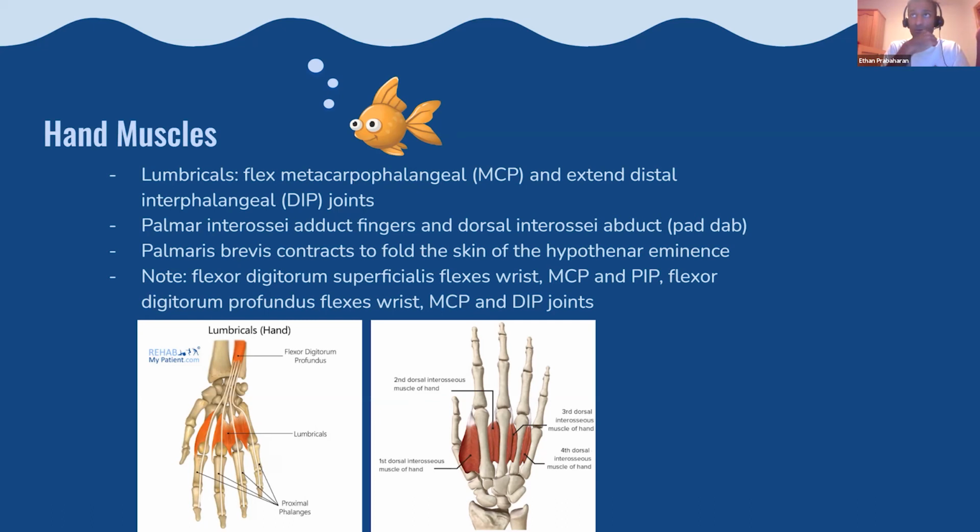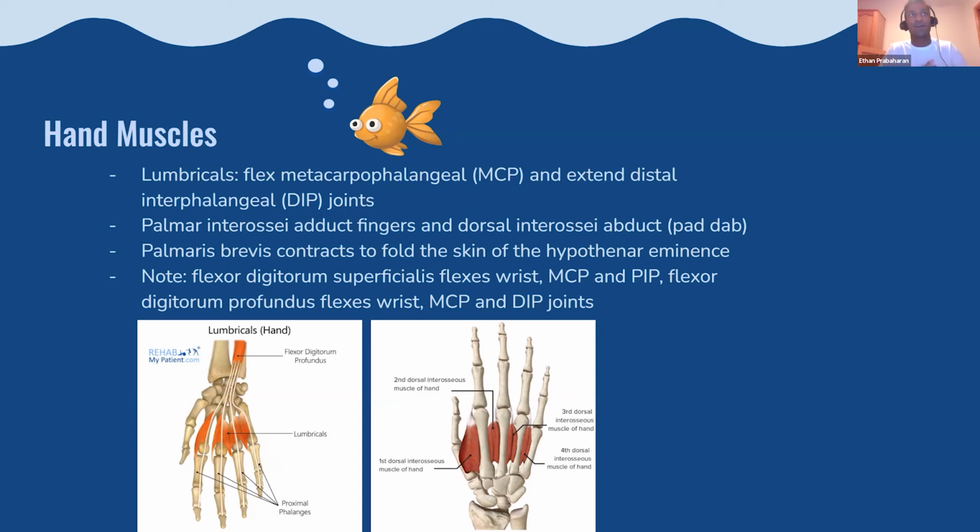Then we have a proximal interphalangeal joint between your proximal phalanx and your middle phalanx, and a distal joint between your middle phalanx and your distal phalanx. Okay, and so the lumbricals make your fingers perform an L-shaped movement, which is hard to do, where this joint is flexed, but the end of the joint is extended. So they perform this sort of movement there.